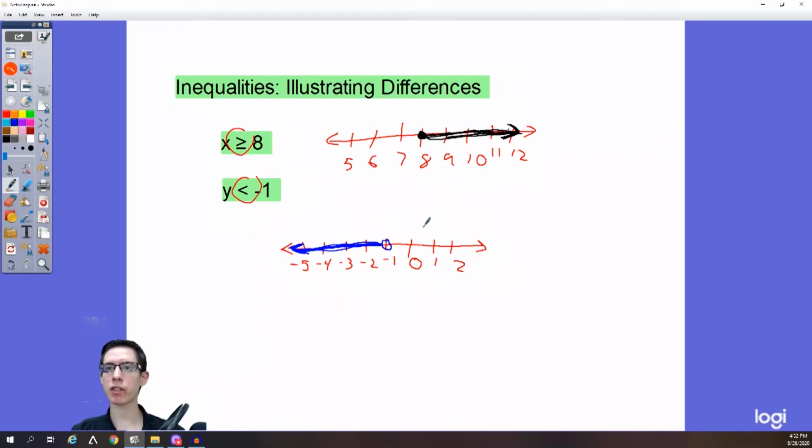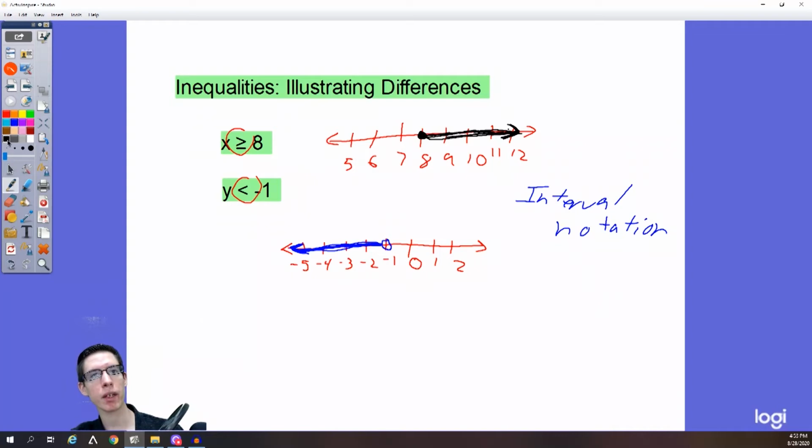That thing is called interval notation. Sorry, my handwriting is going a little wonky here. Interval notation. And the way interval notation is going to work is we're going to take something like this, let me get my black marker here, x greater than or equal to 8, and we're going to try to find a way to represent it using just numbers.